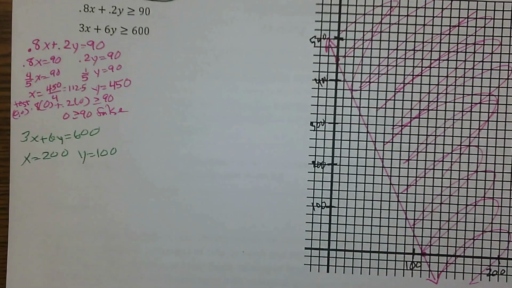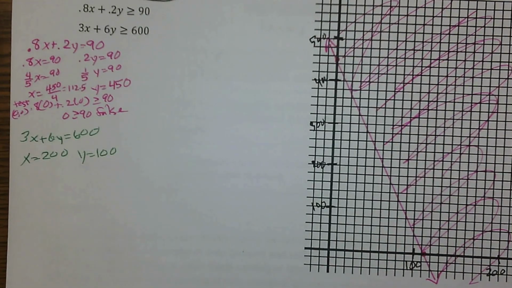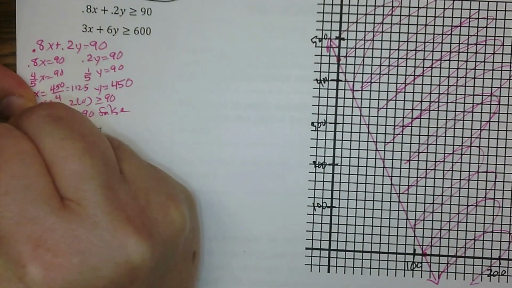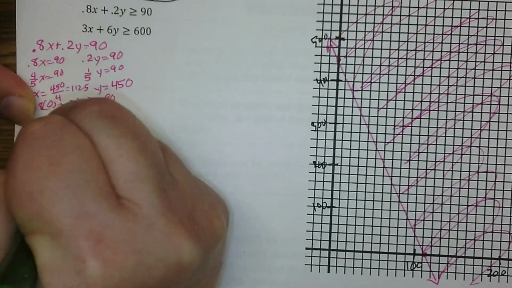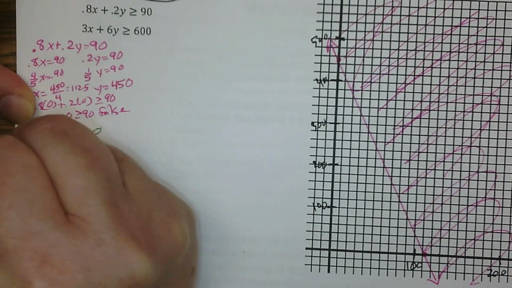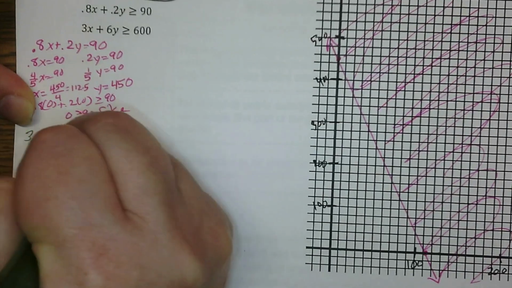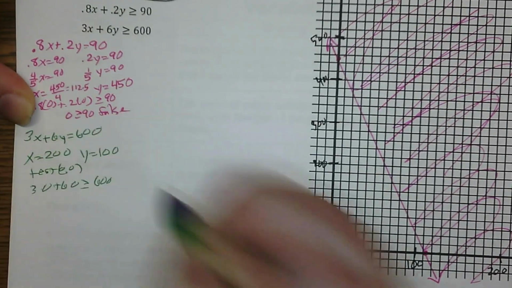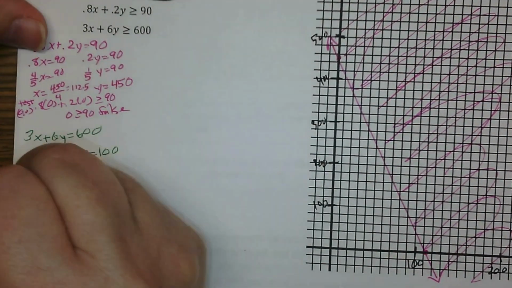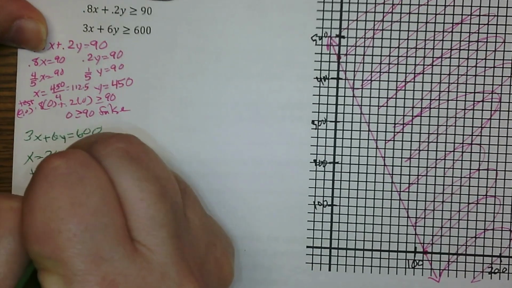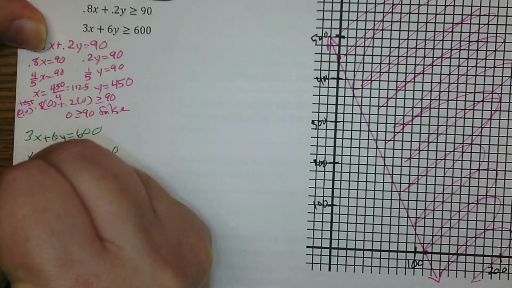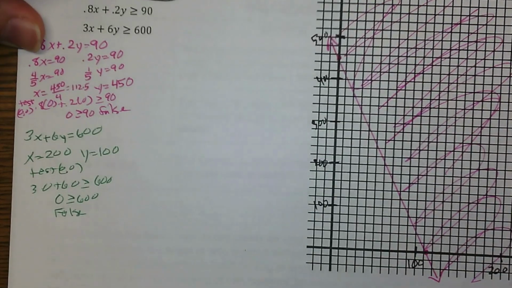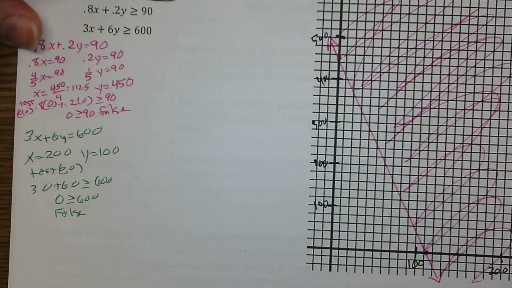The right side. Okay, now the green. Let's test 0, 0. 3 times 0 plus 6 times 0 is greater than or equal to 600. 0 is greater than or equal to 600. That is false. Also, I didn't graph the green line yet.